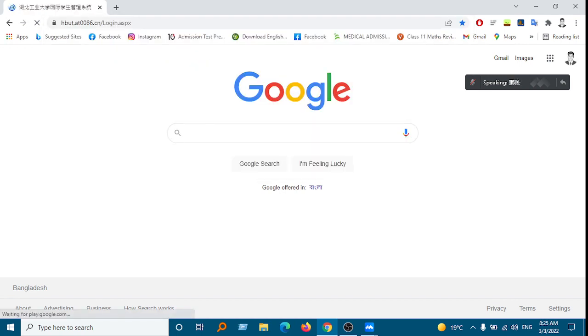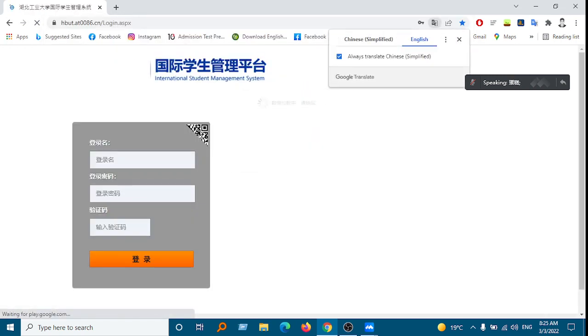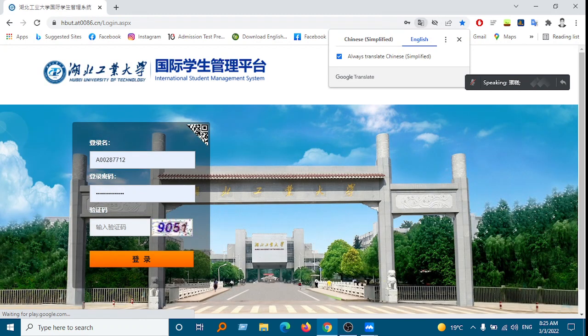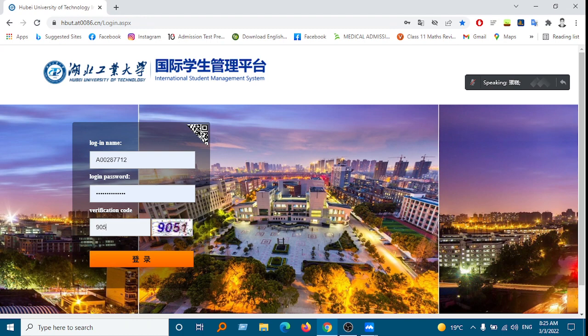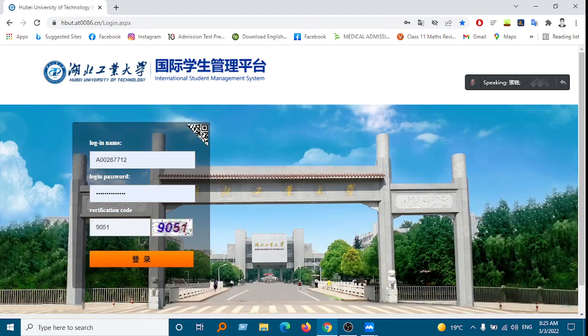Okay, some of you still cannot. If you still cannot scan that, you can tell me and I will help you with that.